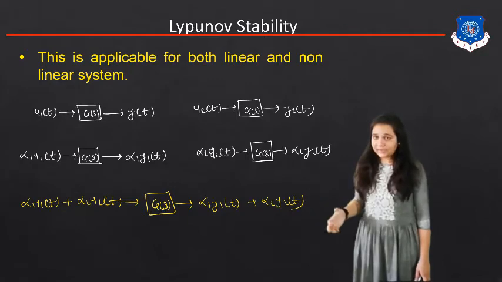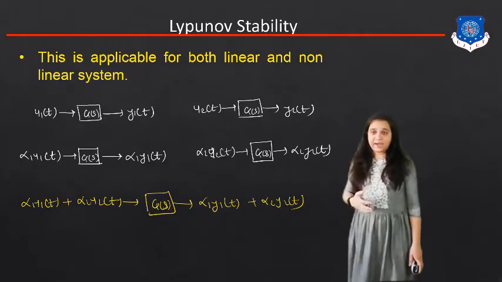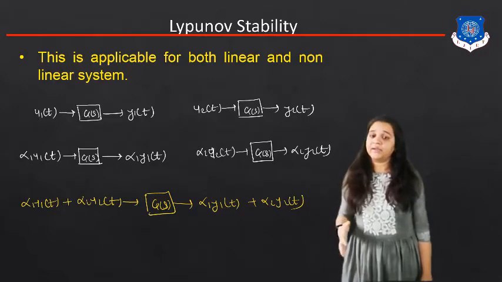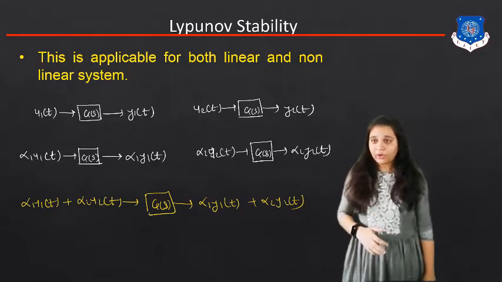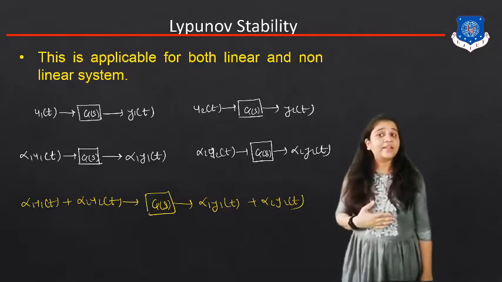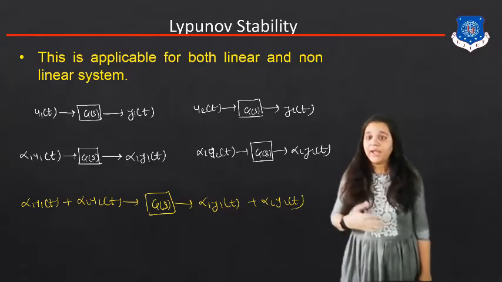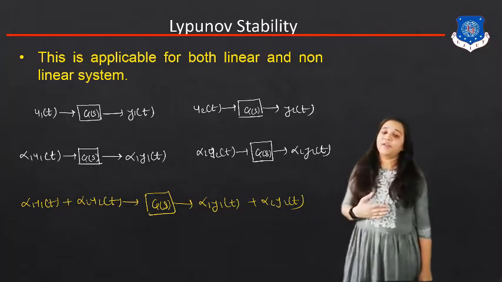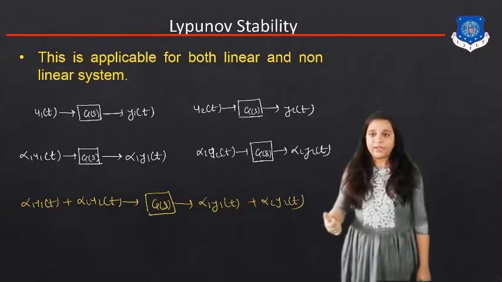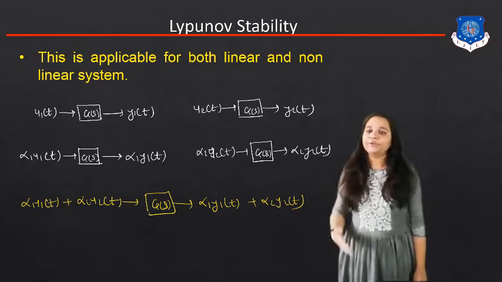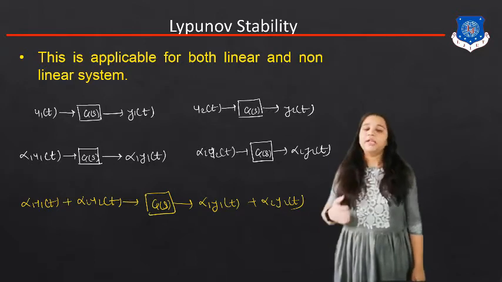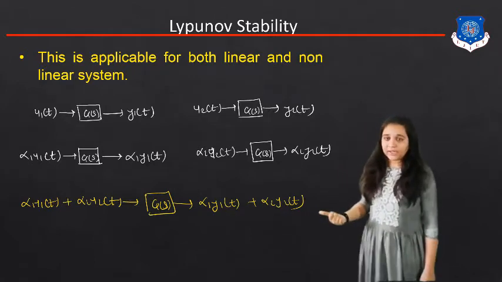So in a linear system, if we add multiple inputs to the same plant, we get a fixed output. If u1(t) is the input and we get y1(t) as output, and u2(t) gives y2(t), then if we add the two inputs u1(t) plus u2(t), we get the output y1(t) plus y2(t).